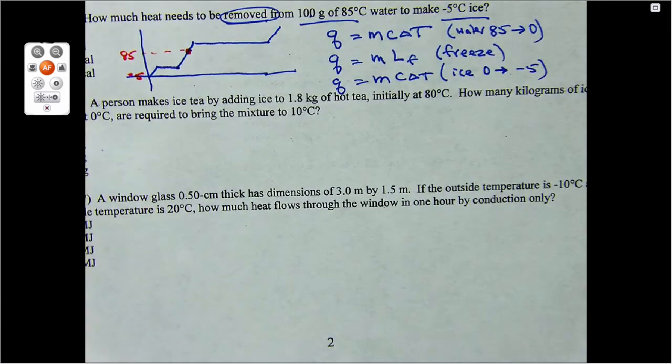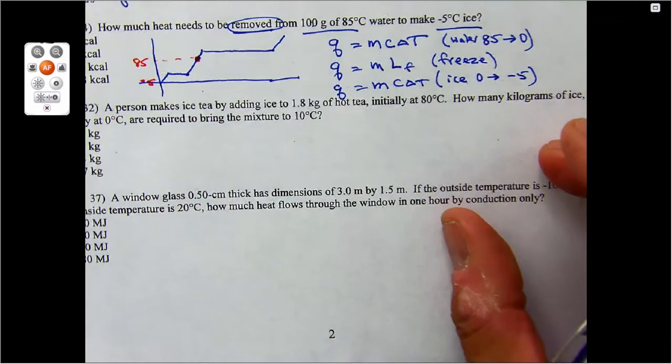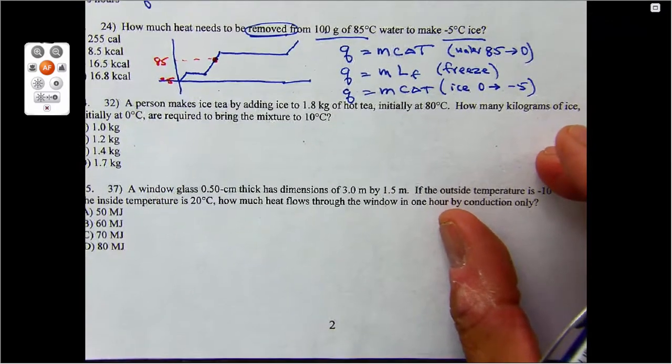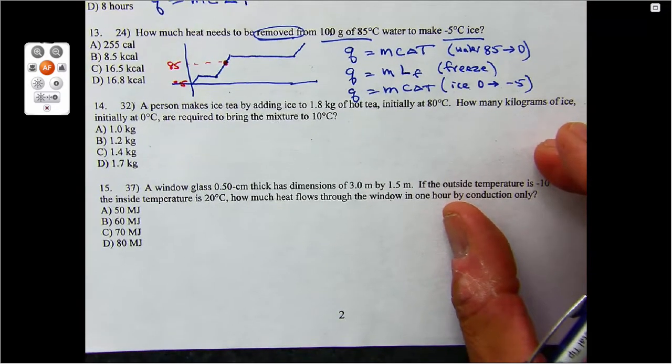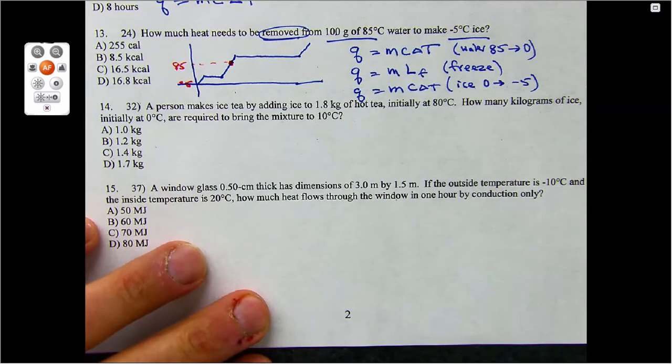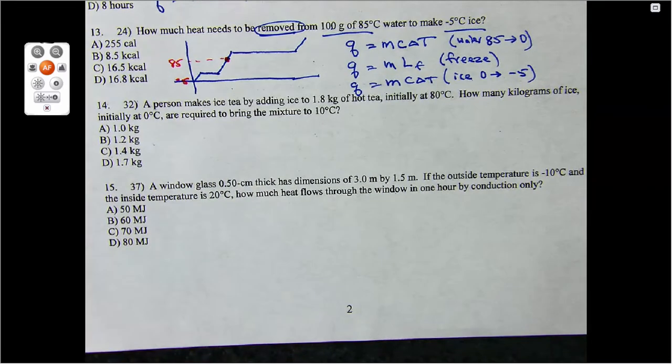Yeah, so there's going to be 3 of them there to calculate. So if you didn't do the freezing, yeah, it's probably not that one. Yeah, what else we have? Anything else on this?